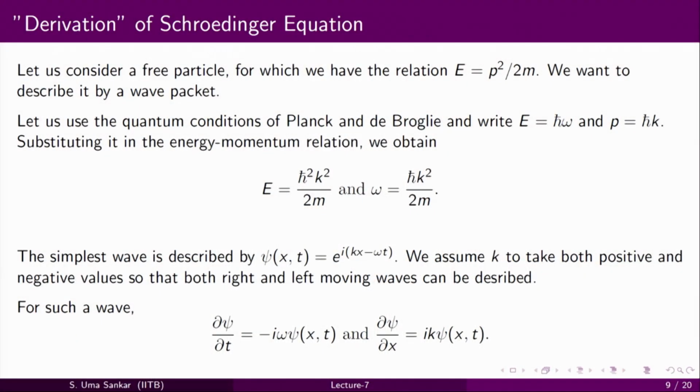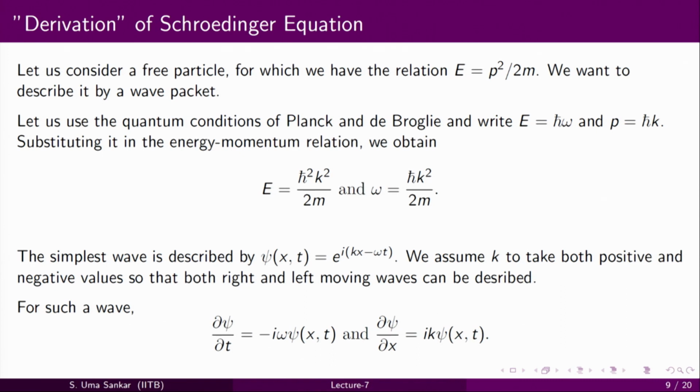So, this is the key point, this is the inspired guess that Schrödinger had. Energy is related to the partial derivative of the wave function with respect to time, and momentum is related to the partial derivative of the wave function with respect to x.